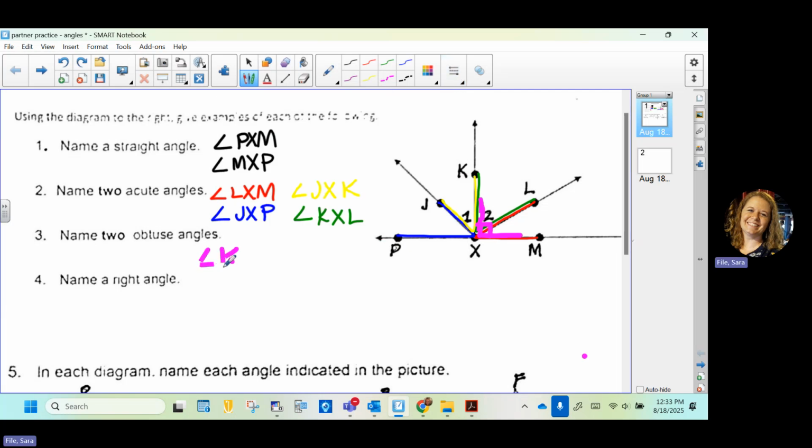So KXM or MXK is a way that you could name that 90-degree angle. Okay, and I wrote it in the wrong spot, so that's cool. Let me fix that.